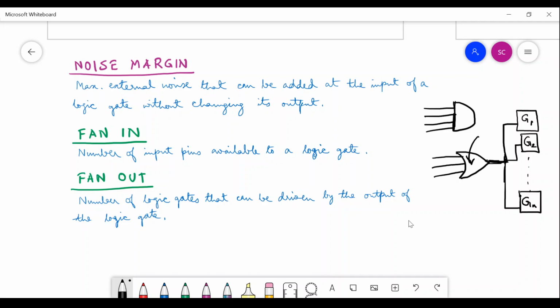So that is the sort of thing we would start working with, and hence it is very important to know the symbology of the logic gates, the symbols of the logic gates and the truth tables of the logic gates. All the logic gates that we have studied: AND, OR, NOT, NAND, NOR, XOR, XNOR.